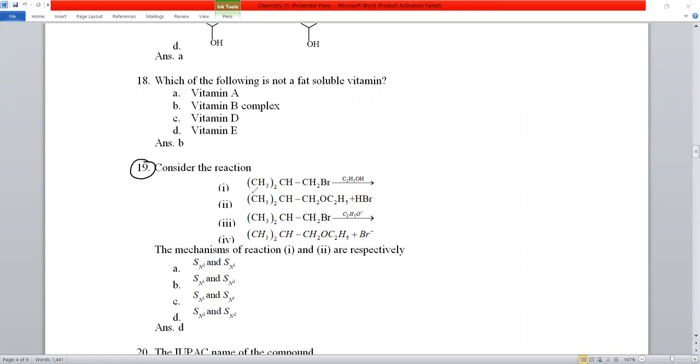Question number 19. Consider the following reaction. The mechanisms of equation 1 as well as equation 2 are, respectively, what? For equation number 1, they have given this mechanism, and this is the mechanism of the other. So what reaction is the first? Williamson ether synthesis.